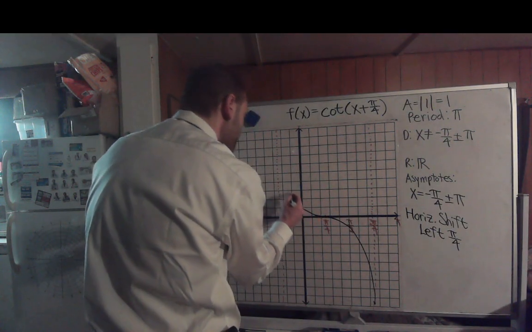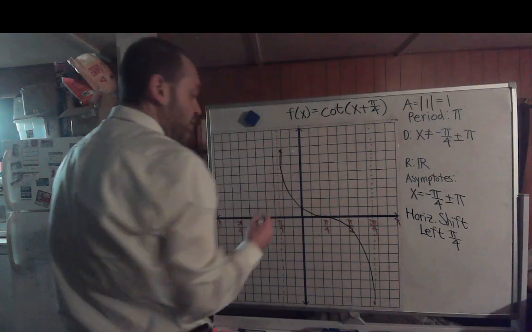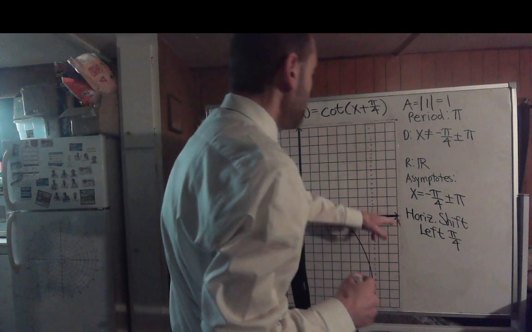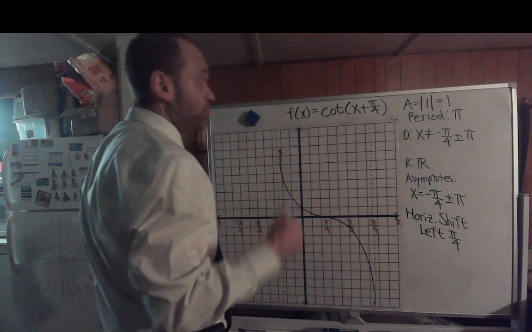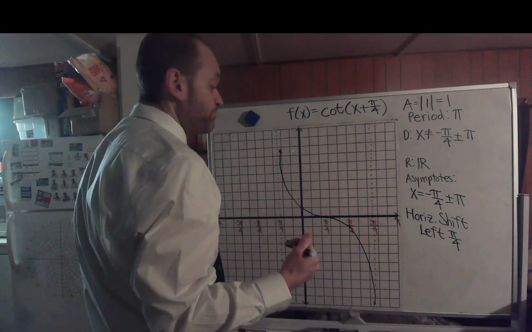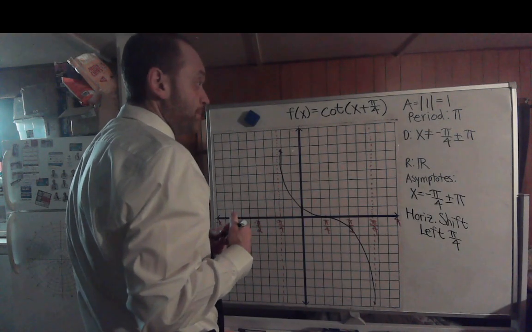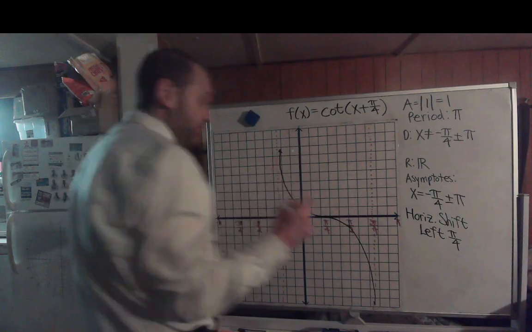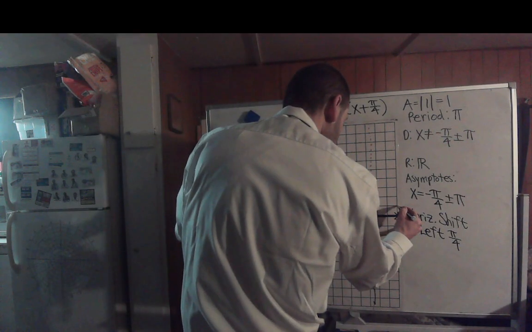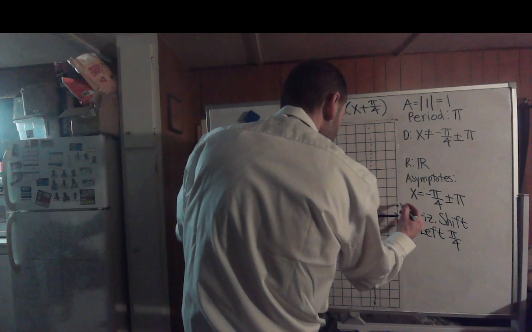So here's what you're up against. Alright, if I pick pi, I would actually get the cotangent of 5 pi over 4, which is going to end up being positive 1. And it's actually going to go up like this.